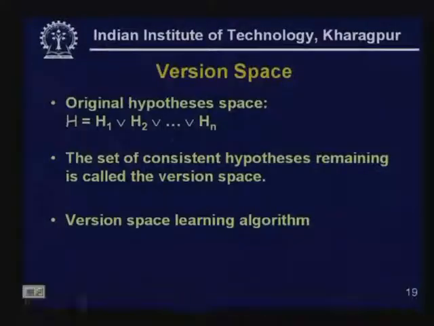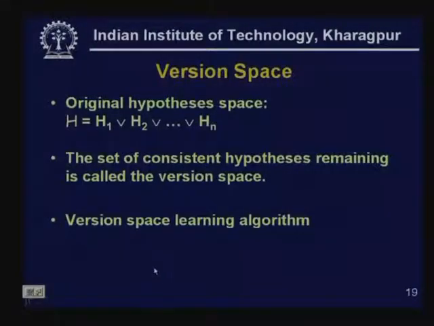If we remove those hypotheses that are not consistent with the examples, we get the remaining hypotheses which are consistent with the current example. The hypotheses which are consistent with all current examples constitute the version space. As we look at more examples, the version space is further restricted. So, our algorithm might maintain the current version space, and as it sees more examples, the version space can get slowly restricted. This is called version space learning.